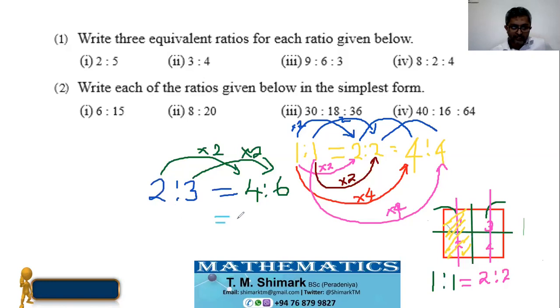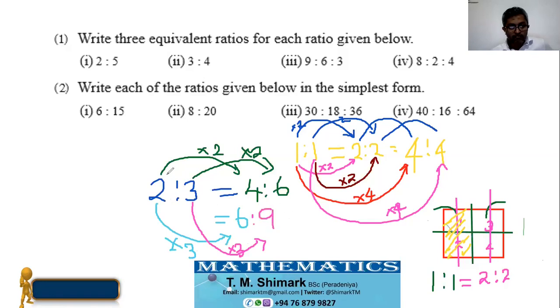I multiply this by 3, it will become 6. If I multiply this by 3, then I have to multiply the other one also by 3, right? That means 3 into 3 is 9, so 6 is to 9.